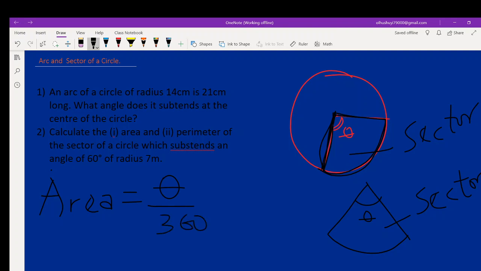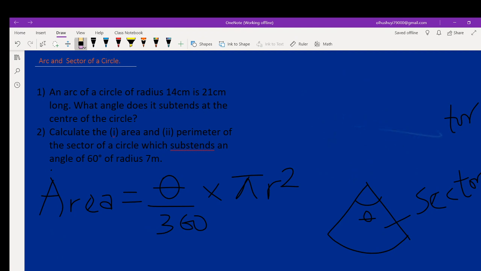Since it's area, and the sector is formed from a circle, you consider the area of a circle, pi r squared. Do you get that? Let's deal with this area first.